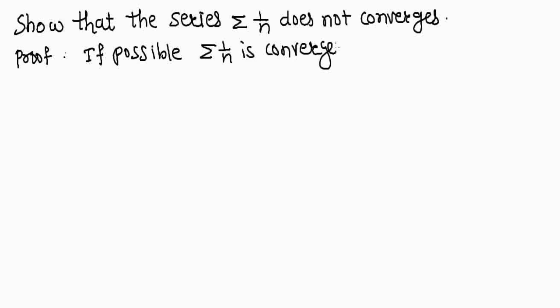If it is convergent, then we can apply Cauchy's criteria, and we see that it is true for every epsilon. So let us take here epsilon equal to 1 by 2.